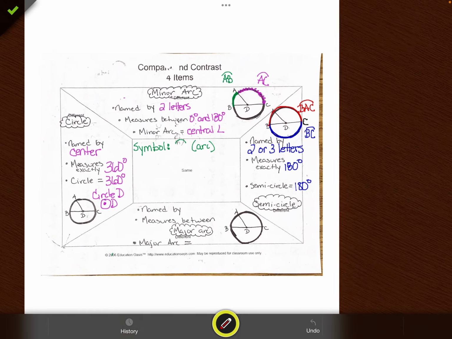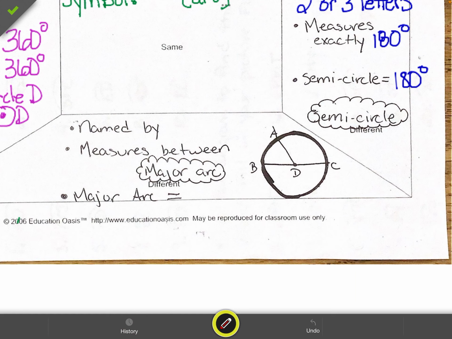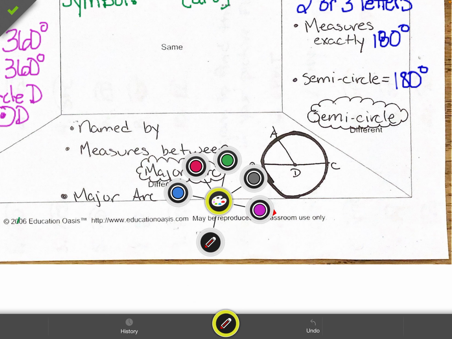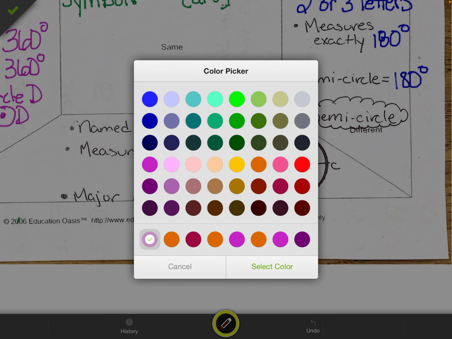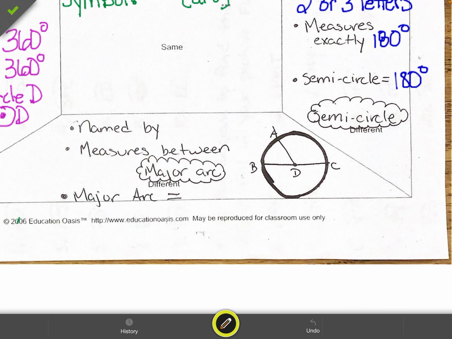So let's look at major arc. Now, a major arc, you have to use 3 letters to name it. So let's change color here. All right, so we use 3 letters to name a major arc.